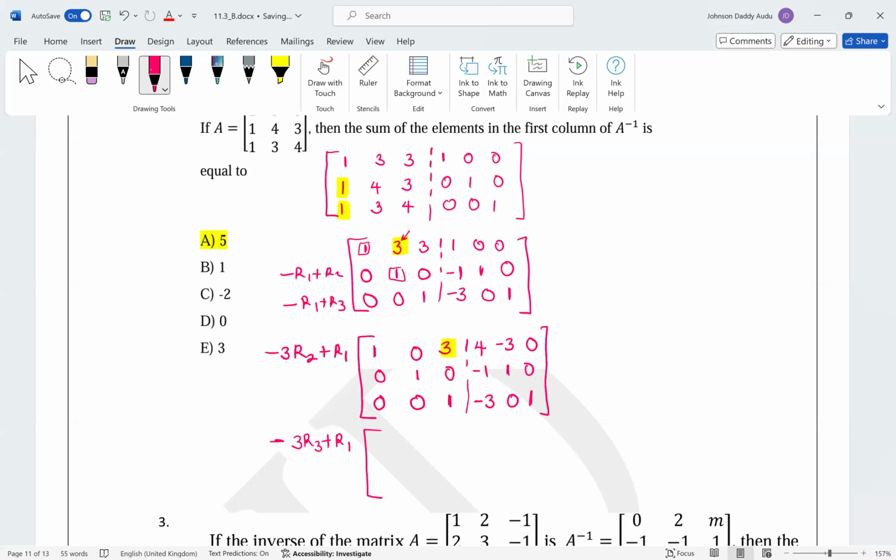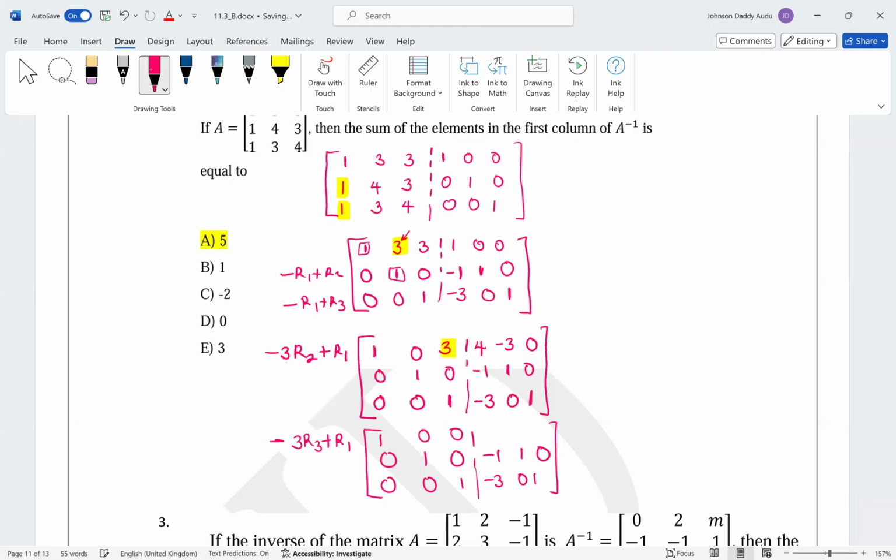So what is our pivot? It's going to be minus 3R3, yes. So R3. Now this is already 0, so this will still stand. Now this is going to be 1, 0, 0.